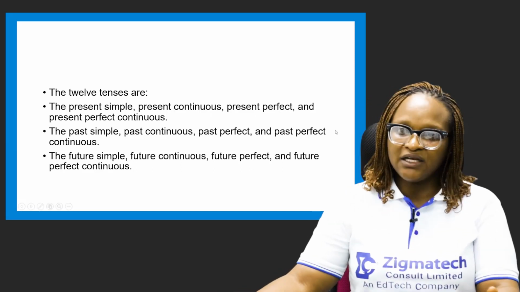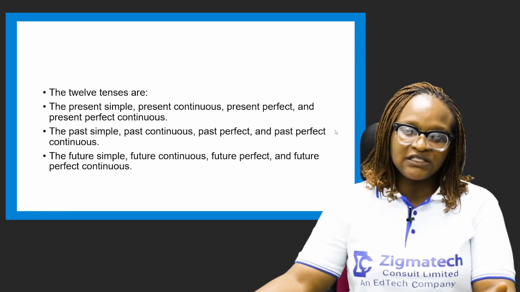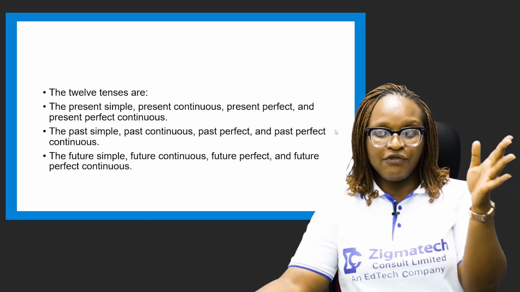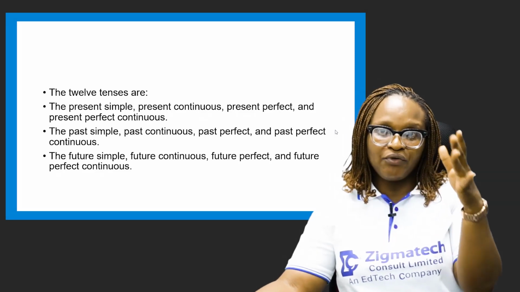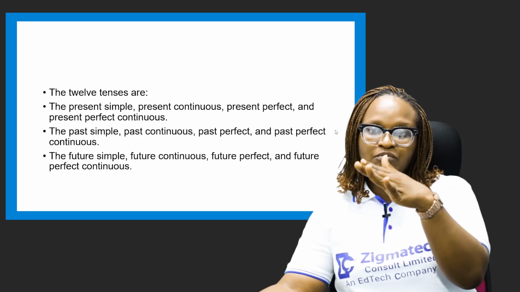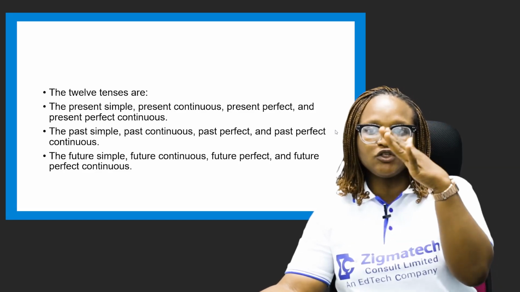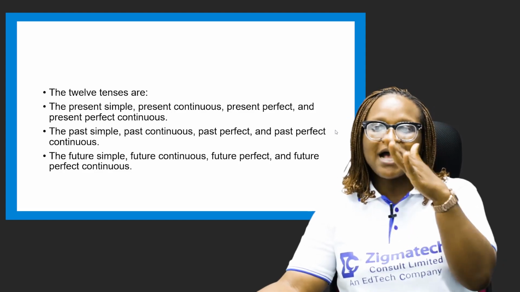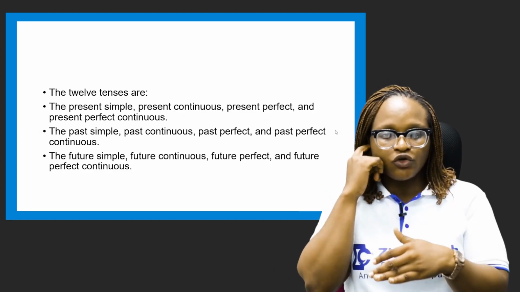So these are the 12 tenses that we have when we add the tenses alongside the aspects. So for present tense, under aspects, we'll look at present continuous, present perfect, and present perfect continuous. Under past simple, we look at past continuous, past perfect, and past perfect continuous.